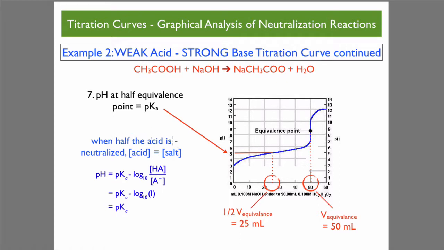It's when half the acid is neutralized, and then the concentration of the acid will equal the concentration of the salt. If you put that into our equation here, you're going to have the concentration of the acid equaling the concentration of the salt, so it's going to be the minus log 10 of 1, and therefore the pH is just going to equal pKa.